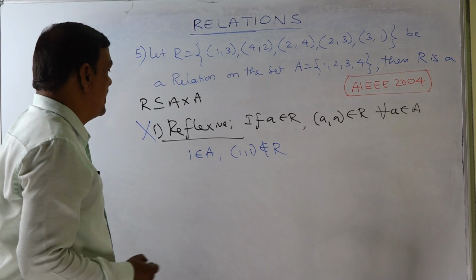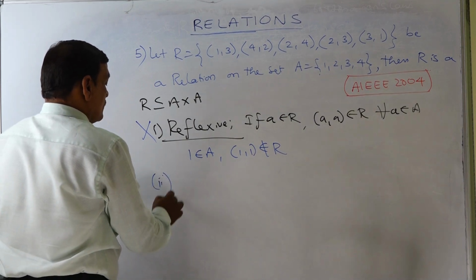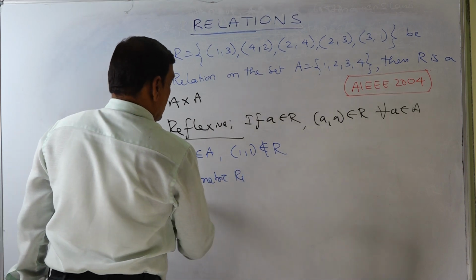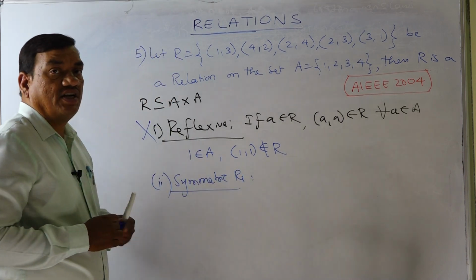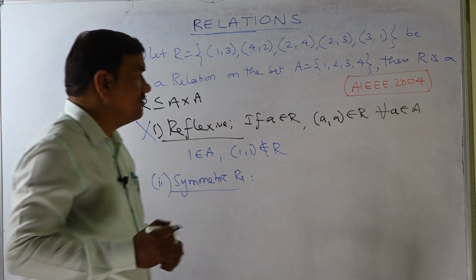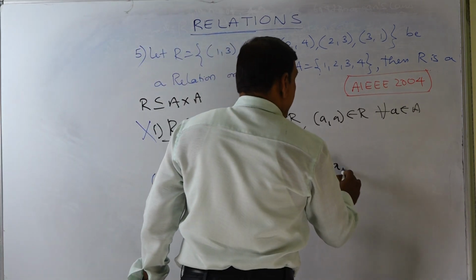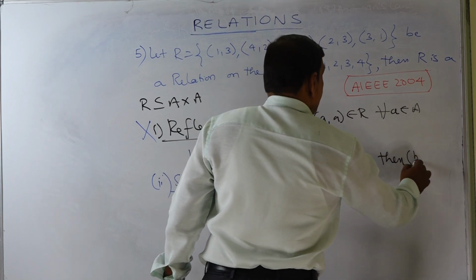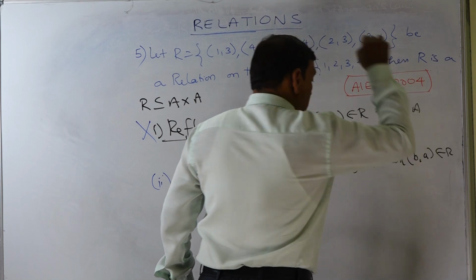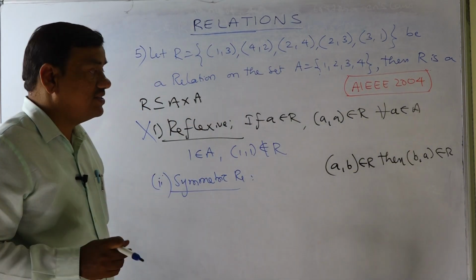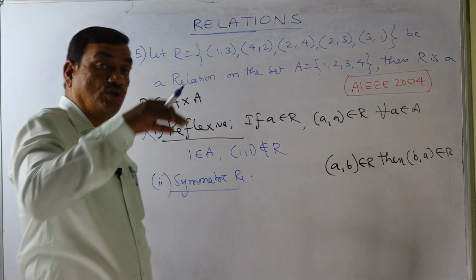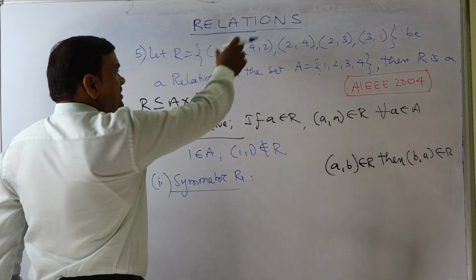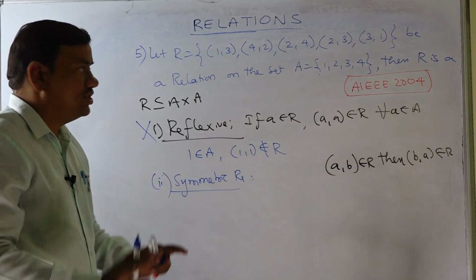Clearly. Second one is symmetric relation. So to check the symmetric relation, what is the definition of symmetric relation? If A comma B belongs to R, then B comma A should also belong to R. If A comma B is there, B comma A also should be there. So if you observe here, 1 comma 3 is there, 3 comma 1 is there as it is. Okay.